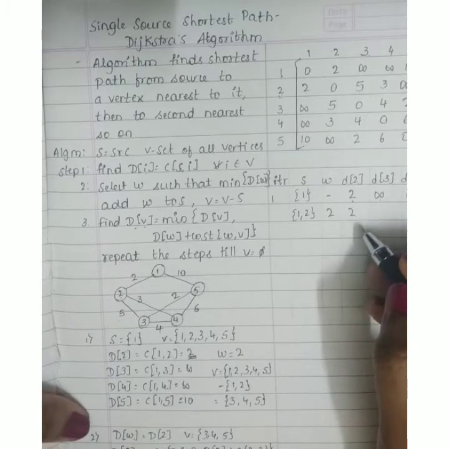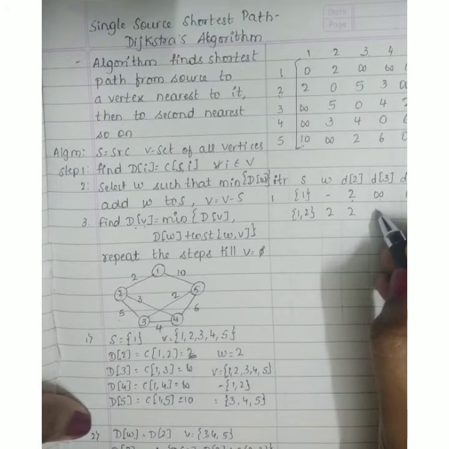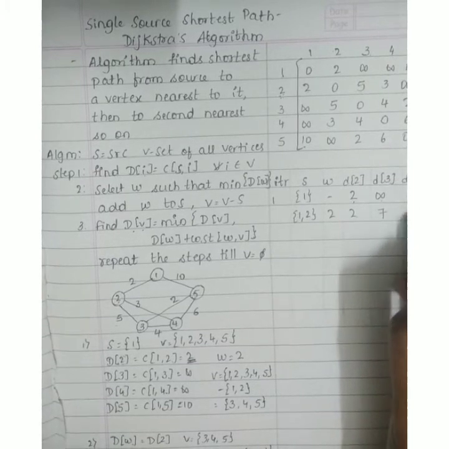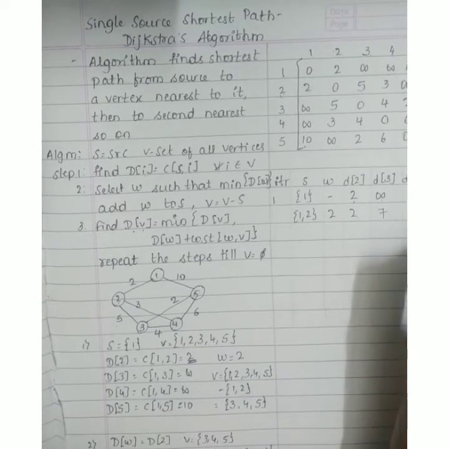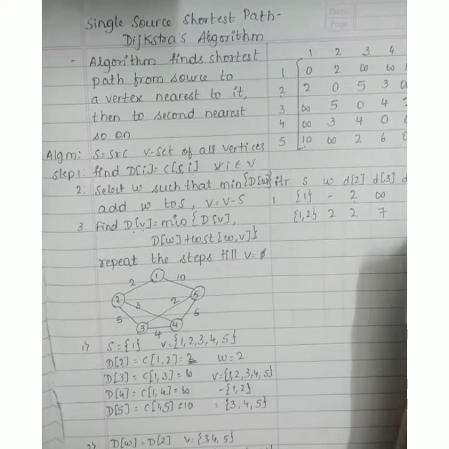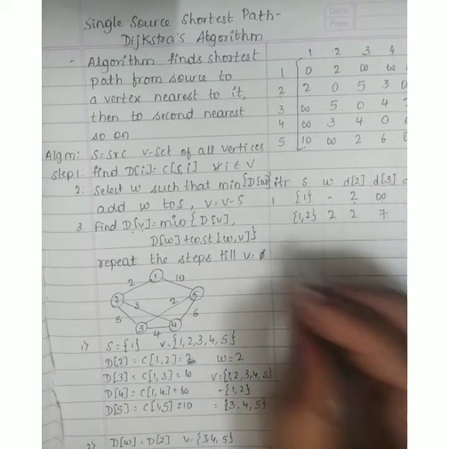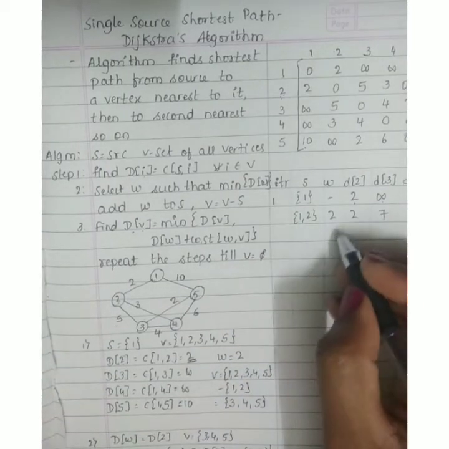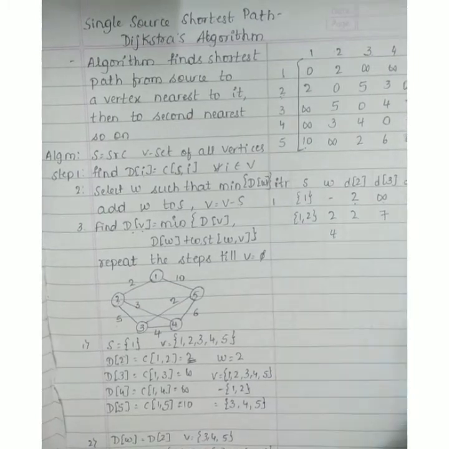So here we have updated d3 is 7, d4 is 5, d5 is 10. In the next iteration we will be updating w as 4.